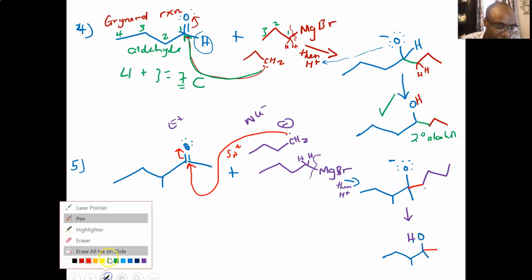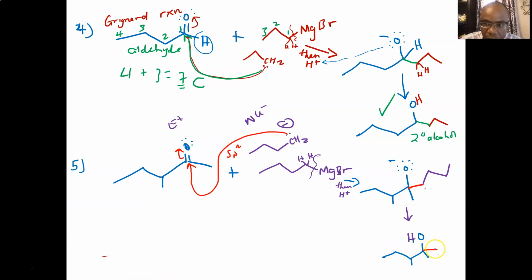I'm just using color code so you can track what I'm doing. So I have 1, 2, 3, 4, 5, 6, 7, 8 on the longest chain. 1, 2, 3, 4, 5. 1, 2, 3, 4, 5, 6, 7, 8, 9.